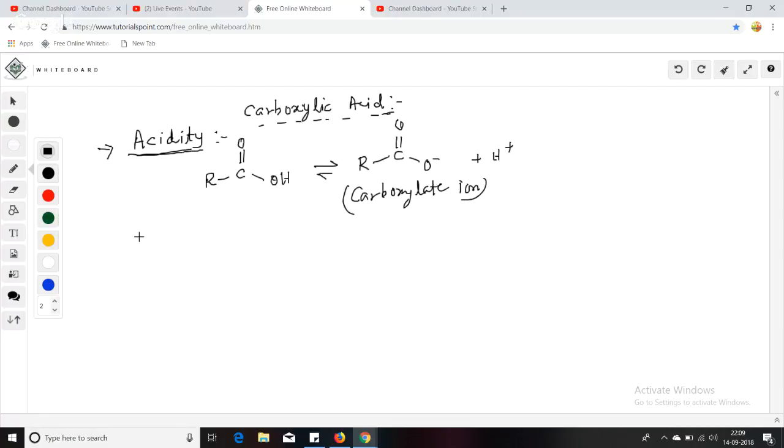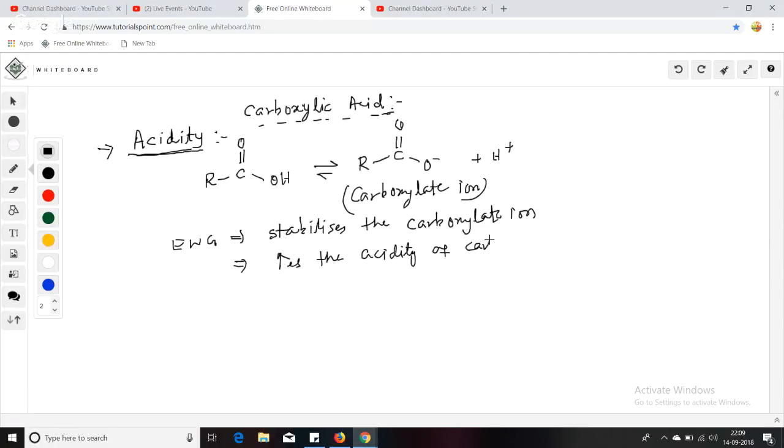So if you have any electron withdrawing group, EWG, present, it stabilizes the carboxylate ion, and hence increases the acidity of carboxylic acid.